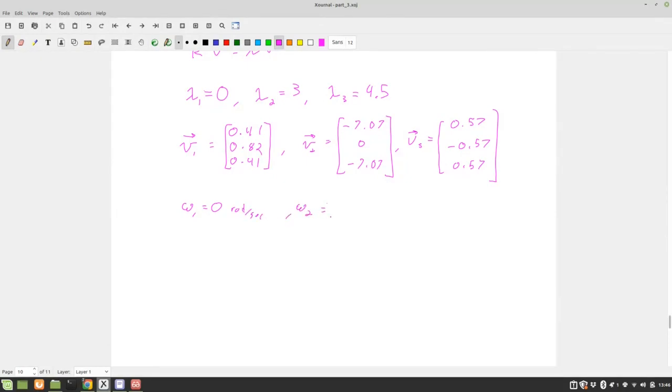Omega 2 equal to the square root of 3, which is 1.73 radians per second. And omega 3 is equal to 2.12 radians per second. Okay, what does it mean that you have a natural frequency at 0?